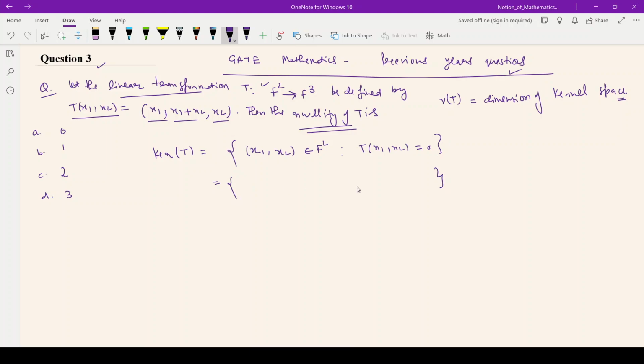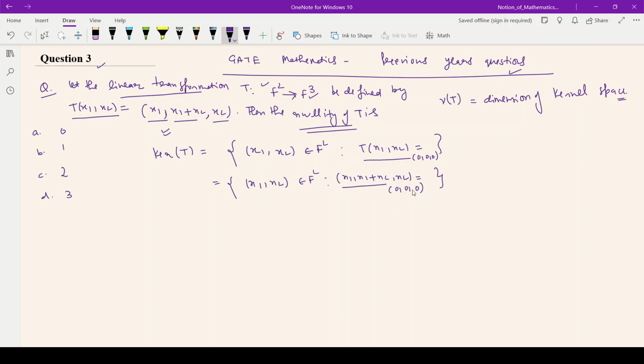It is those elements (x1, x2) in F squared for which this transformation of (x1, x2) is like this particular set, (x1, x1 plus x2, x2). One more thing I want to change here: it will be equal to (0, 0, 0), because here F cube is provided.